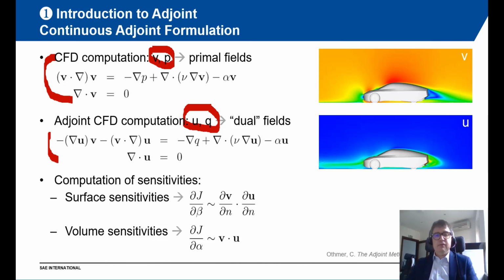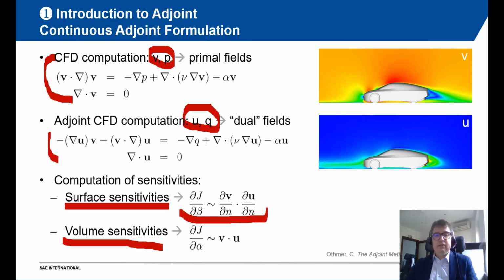The final step is the computation of the sensitivities, for both surface and volume sensitivities. You can see here that after quite some work in terms of derivation, you can express the sensitivities, which are actually the gradients of your design objective, which can be, for example, minimization of drag, increase of the mass flow rate, reduction of the maximum temperature, and so on, as a function of V and U for both volume and surface sensitivities.